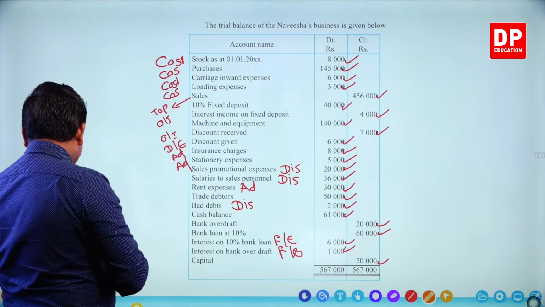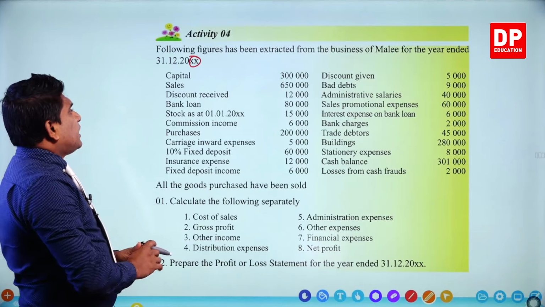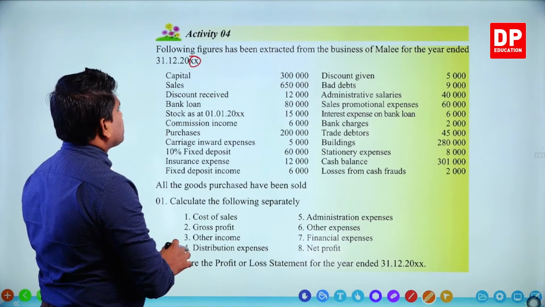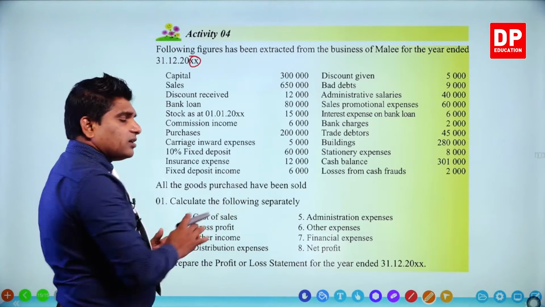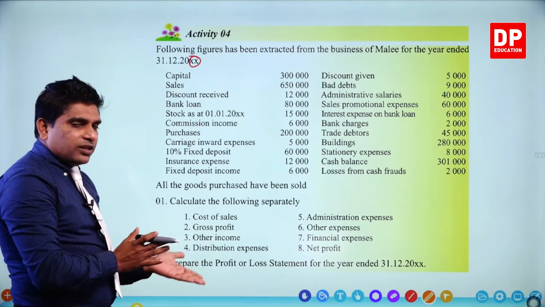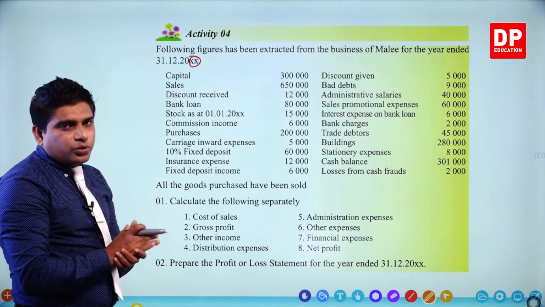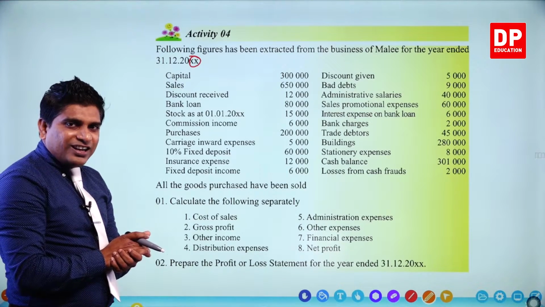Okay, now the next one. The following figures have been extracted from the business of Mali for the year ended 31st December, any year you can put. The capital is given as 300,000. Everyone take a pencil and mark each item, where we put it when you draw the profit and loss statement.